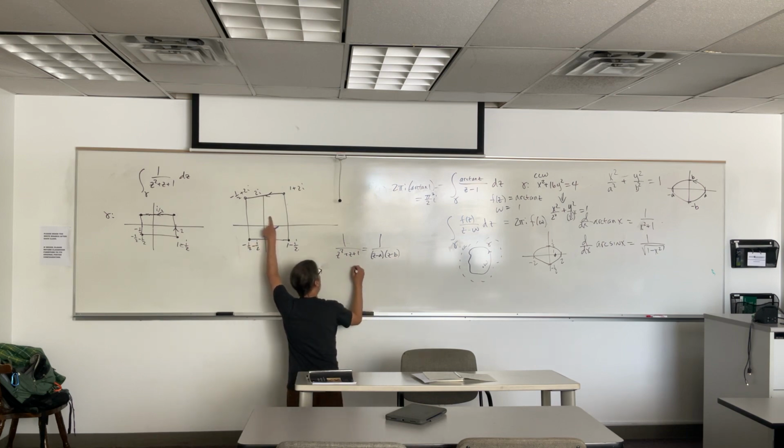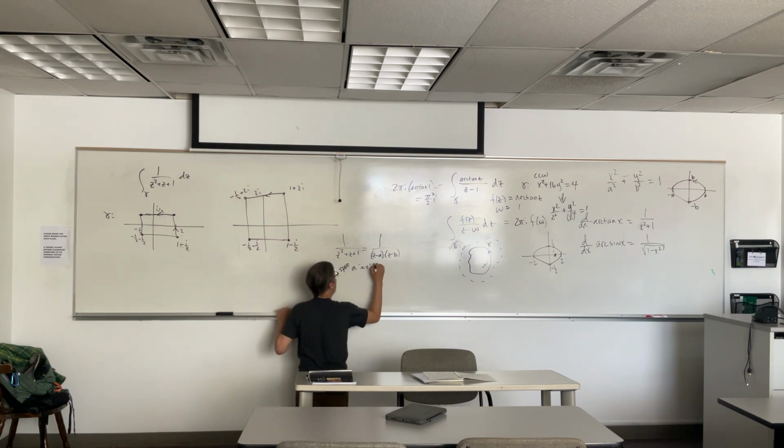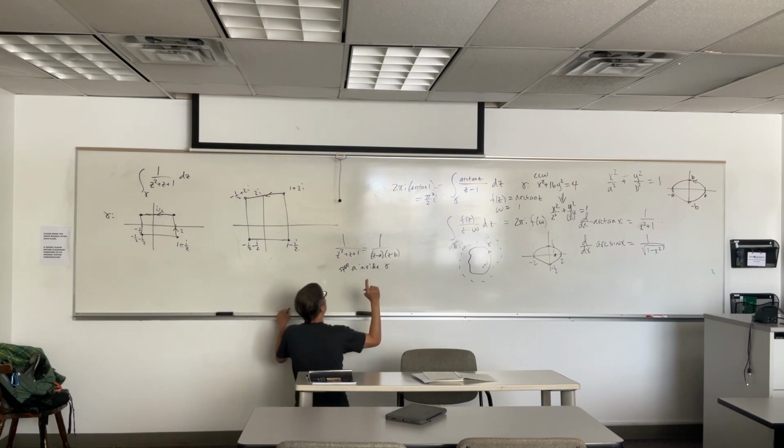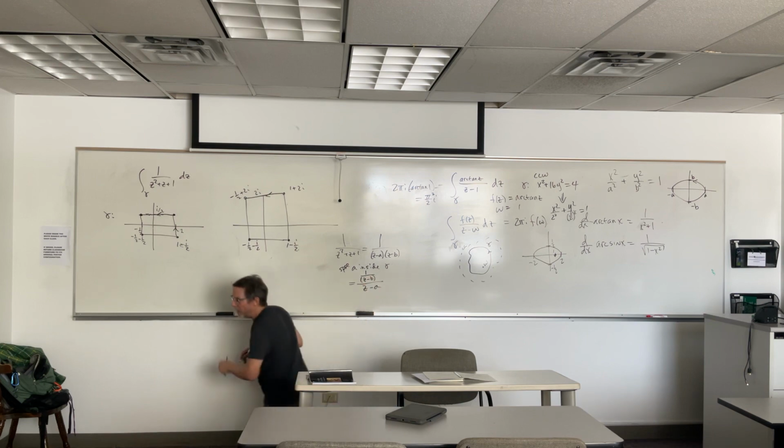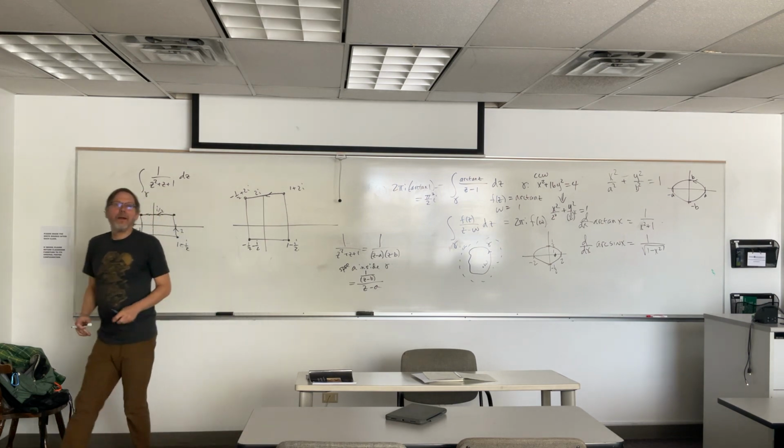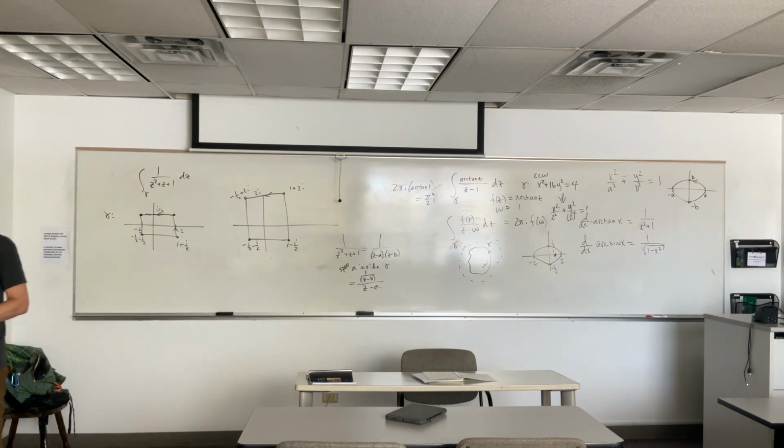So suppose a is inside gamma. Oh, but we didn't have to do it for the first one. That's right. So your f becomes the other part of the factor. Got it. Does that make sense?